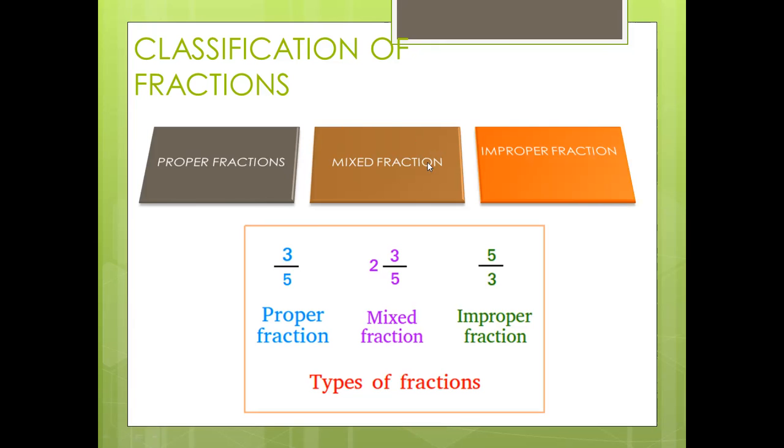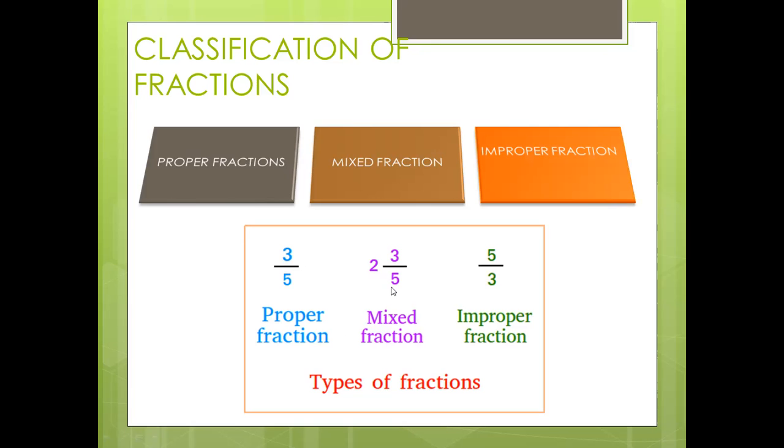We have also improper fractions. Improper fractions are fractions whose numerators are greater than or equal to the denominator. We can see that 5 is greater than 3, and 5 is our numerator here, and 3 is our denominator. That's why it is classified as an improper fraction.